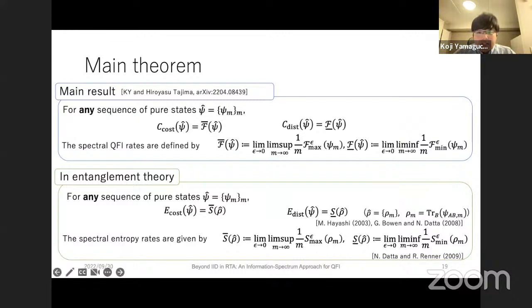In the resource theory of asymmetry, the central quantities are the quantum Fisher information and its variants. But in the entanglement theory, various entropies play essential roles. Although the quantum Fisher information and entropy are quite different, our result shows that the convertibility theory in the non-iid regime has a similar structure, both in the resource theory of asymmetry and the entanglement theory.